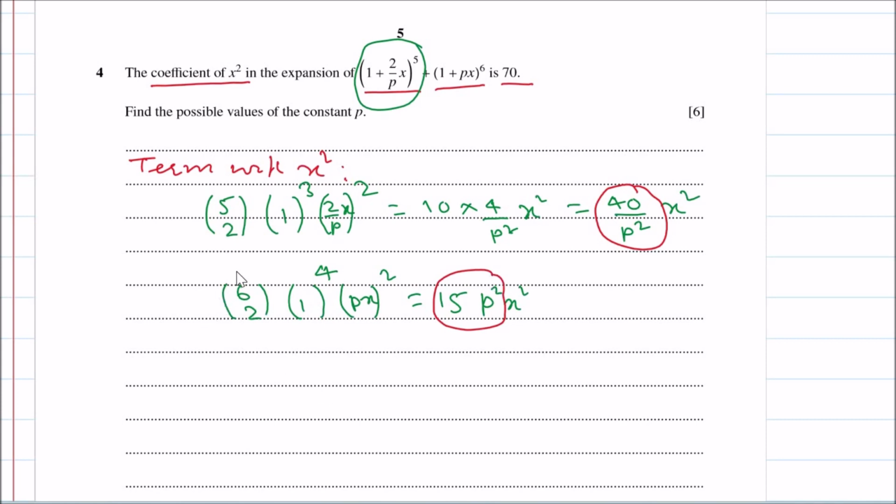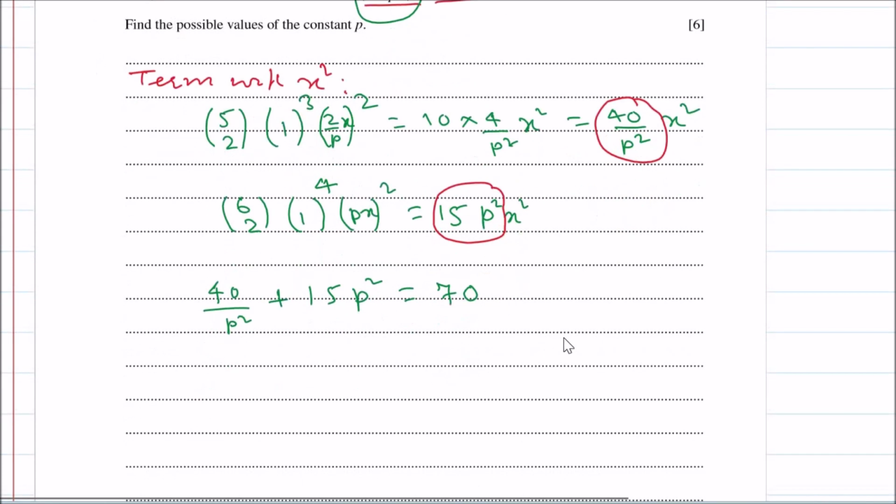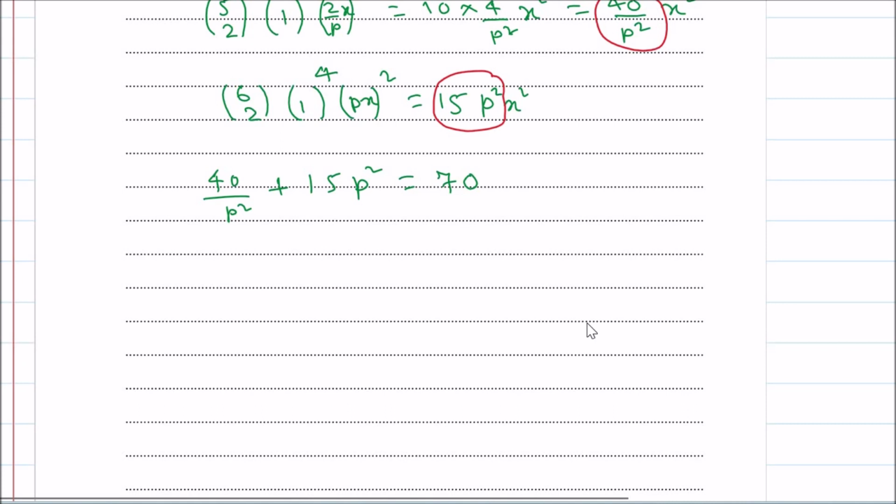So we can write 40 by p square plus 15 p square is equal to 70. So we got this equation. They are asking us to find the possible values of constant p. We have an equation in p, so we are going to solve this equation to get the answers.